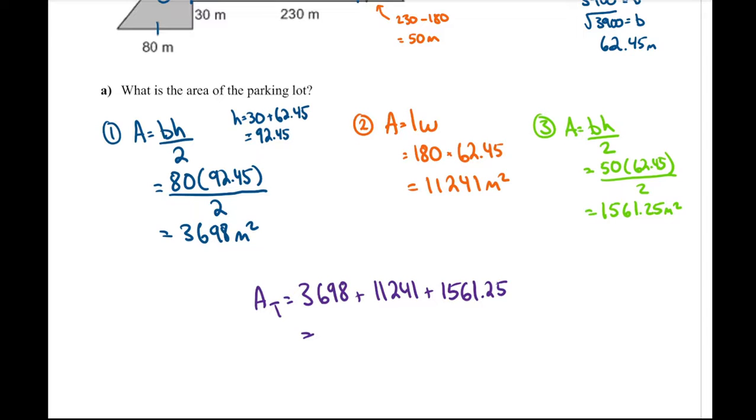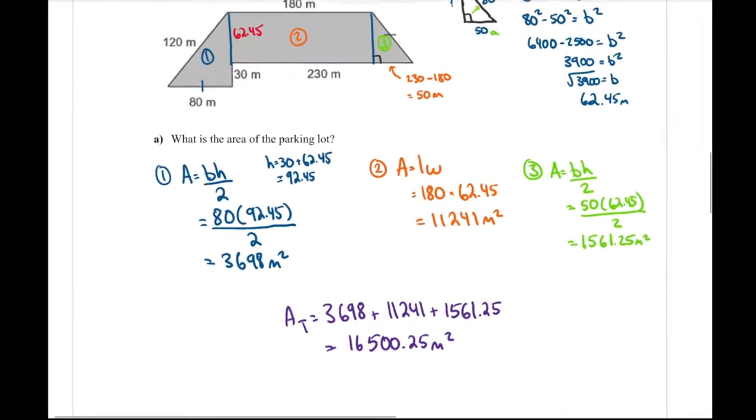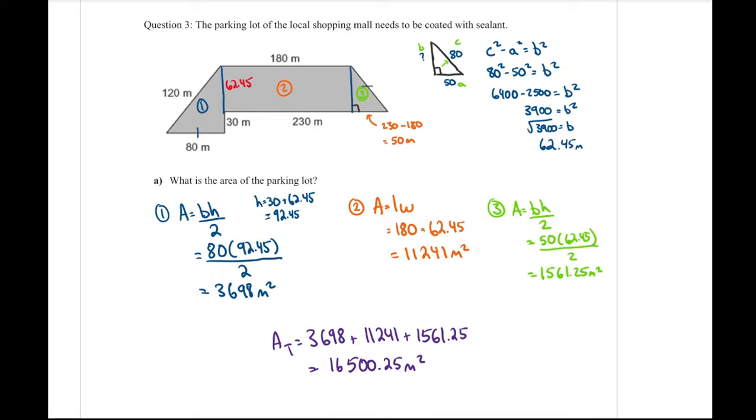Add all this up. And we should get 16,500.25 meters squared. So that is the total area of this parking lot in meters squared.